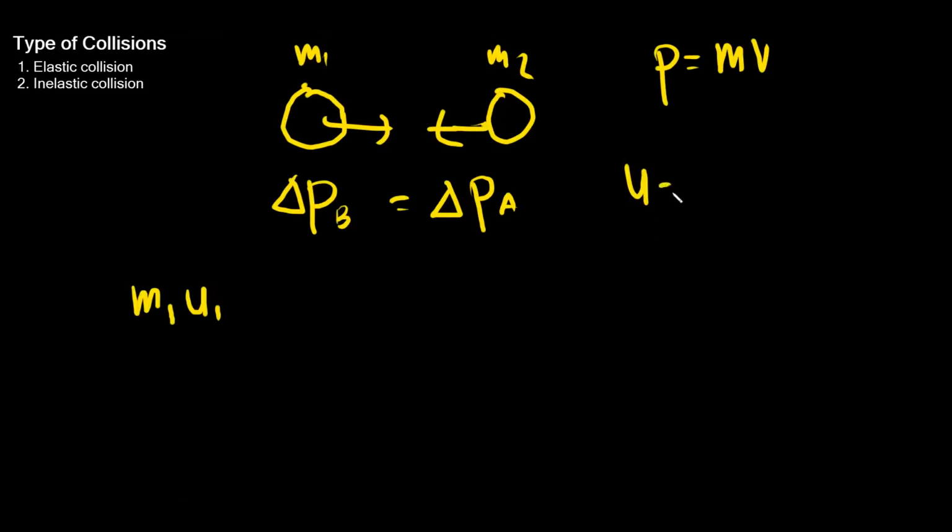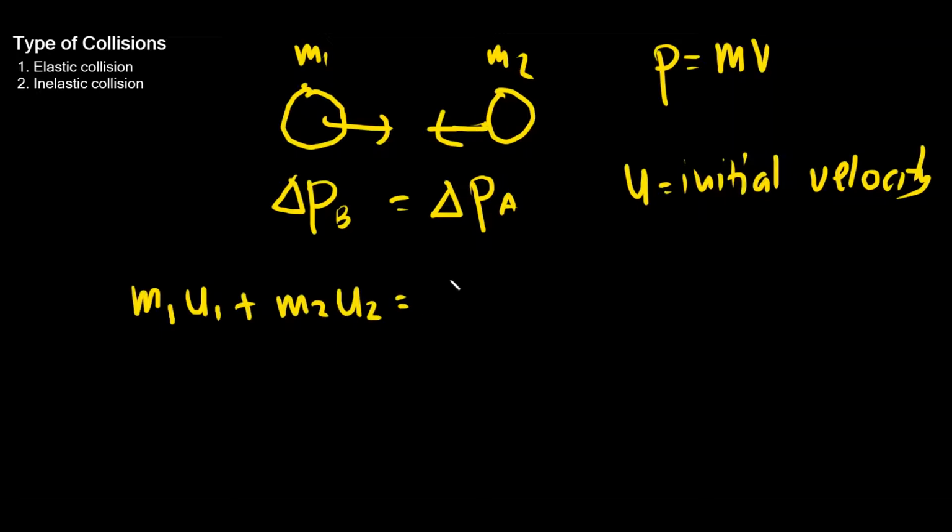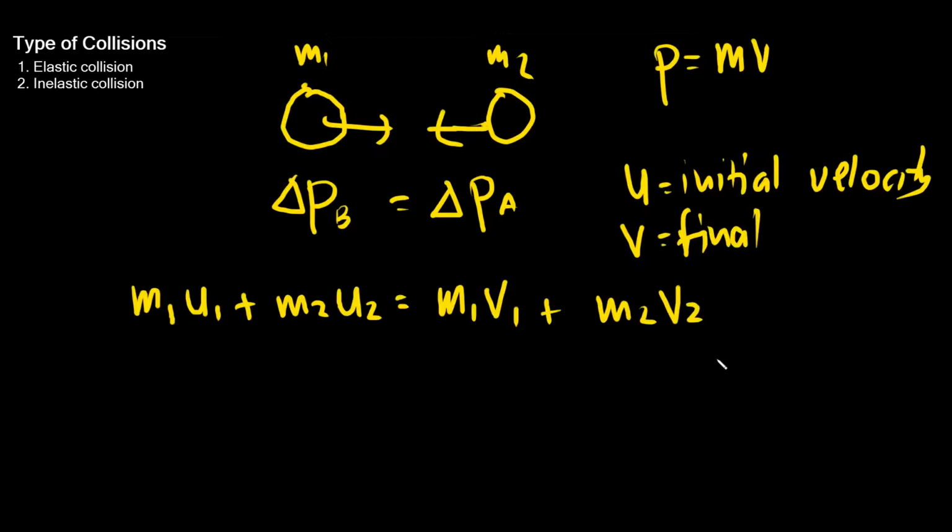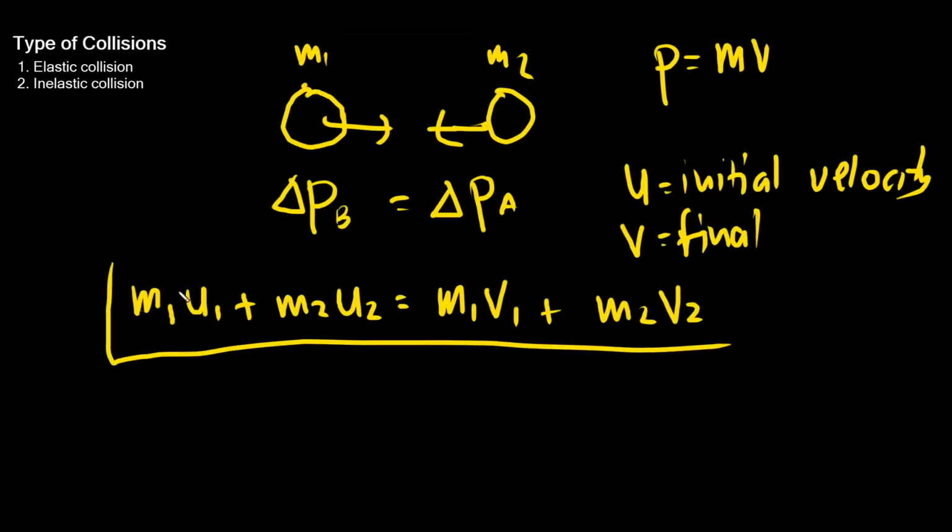Okay, u is equal to the initial velocity, plus m2 times the initial velocity of mass 2, equal to the total momentum after the impact, that is mass 1 times the final velocity of mass 1. So, v is the final velocity, plus m2 times v2. So remember this formula for the law of conservation of momentum.